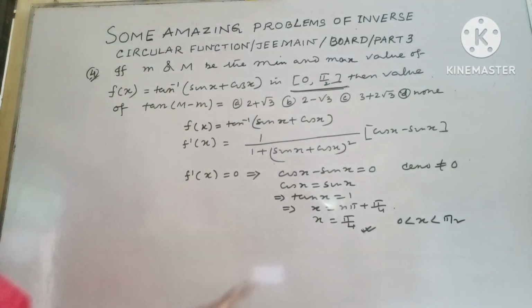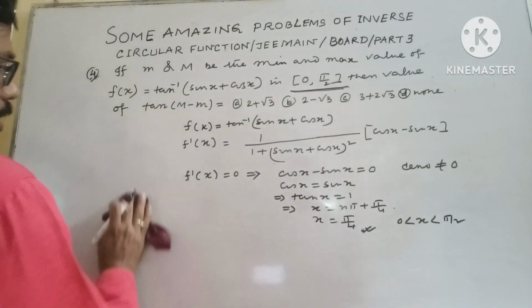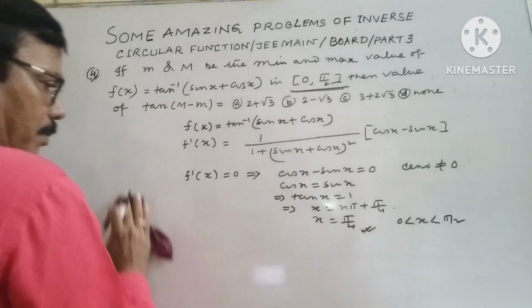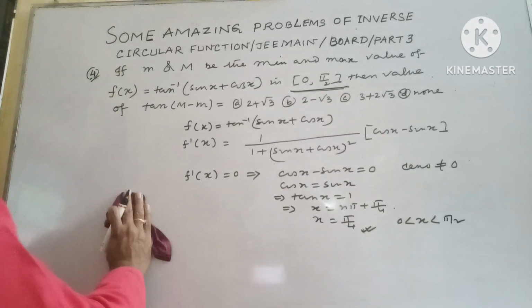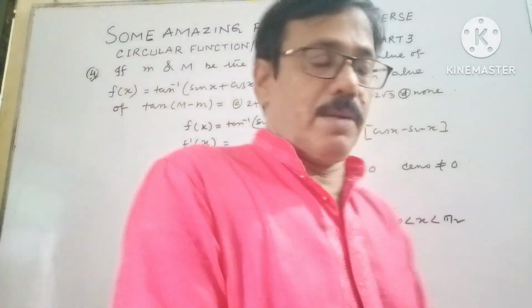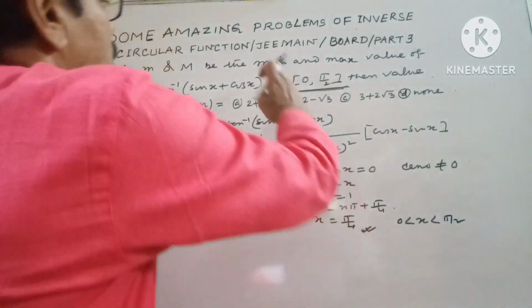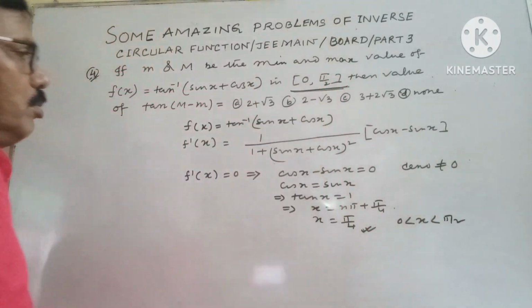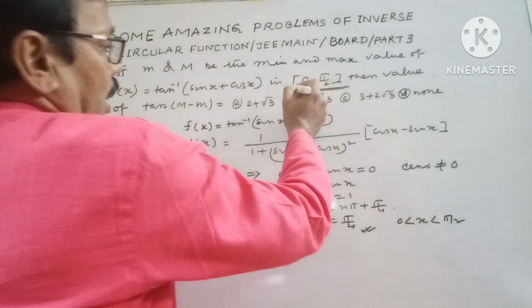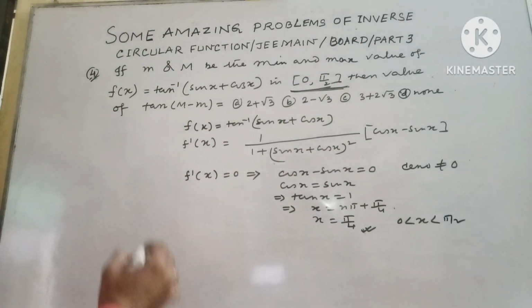So we have to check for maximum and minimum value at 3 points: the end points and x equals pi by 4.